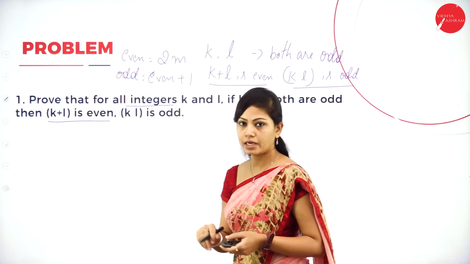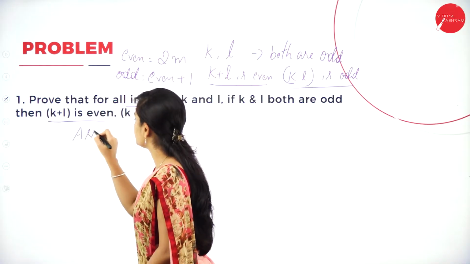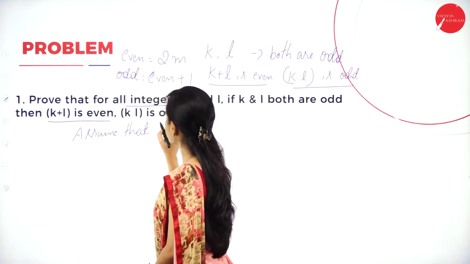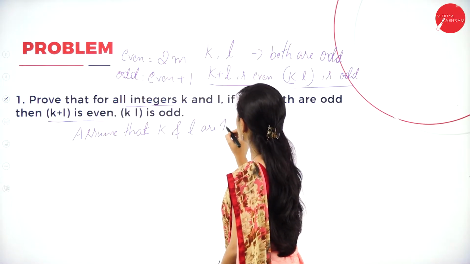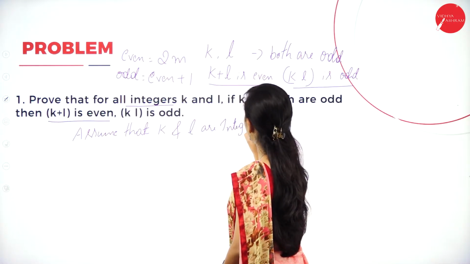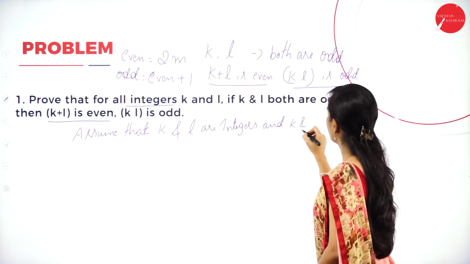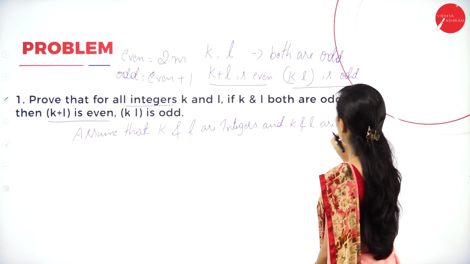First assume that k and l are integers and k and l are odd. Both are odd.